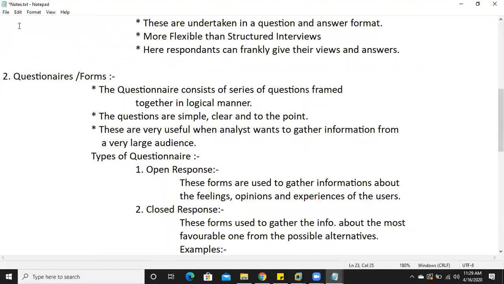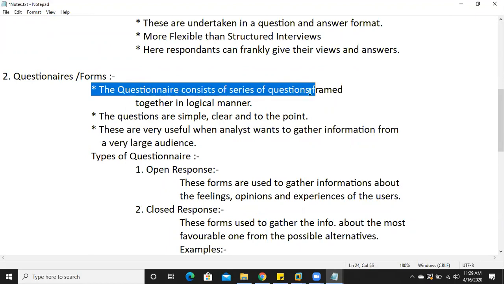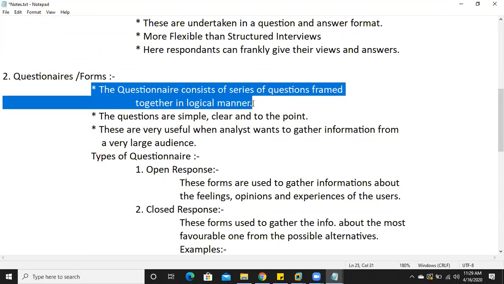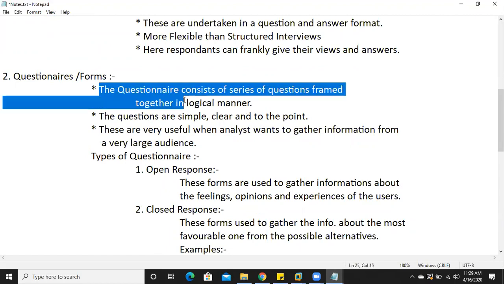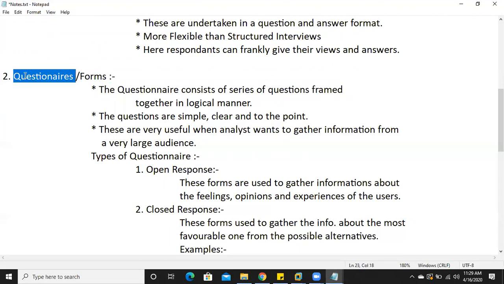Questionnaires basically consist of a series of questions framed together in a logical manner. There are various kinds of questions you ask your audience. We use questionnaires where we have a very large audience.